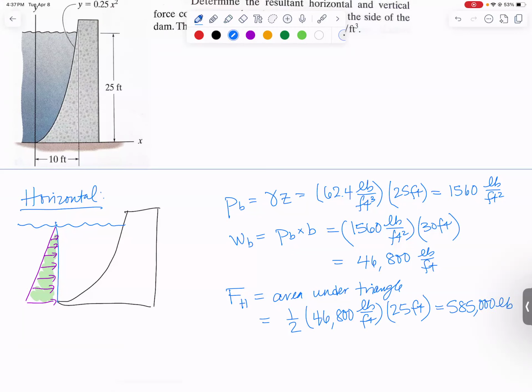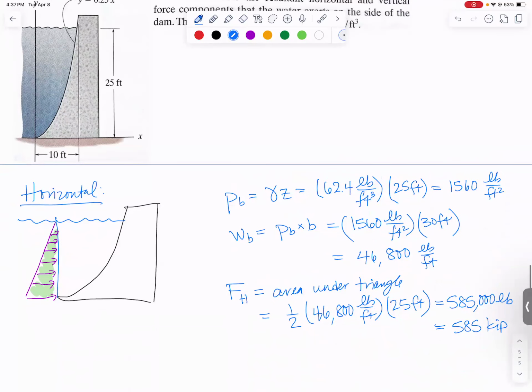That's how you know you've done all the right multiplications, is if your units come out in pounds at the end. If they don't, you might have forgot to multiply by a length somewhere. And if you want, you can call that 585 kips. And if you wanted to know where it acted for some other part of your problem, it acts 1/3 of the way up. So this distance would be 25 over 3 feet.